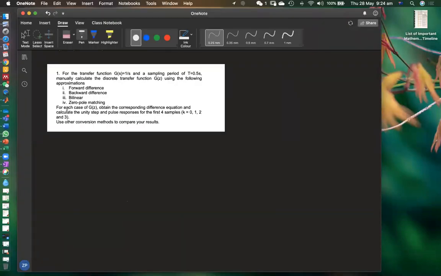Say if G(s) is 1 over s, just use those to replace it. For example, for the trapezoid, we just use s equal to 2 over T, then put it in to do the calculation, right? So there's no challenge for this.